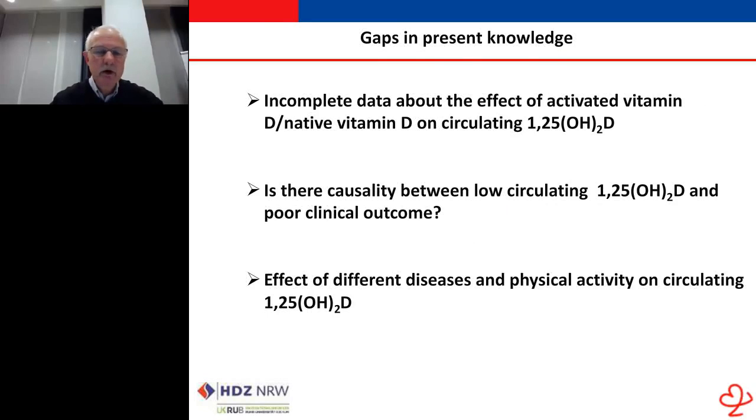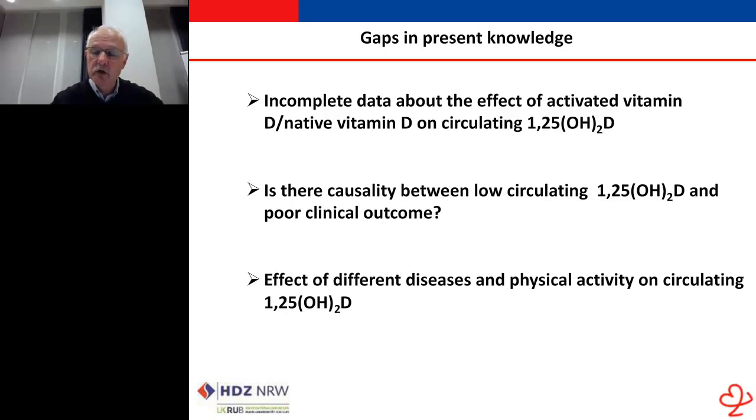Nevertheless, there are several gaps in present knowledge about the circulating 125 dihydroxyvitamin D level. As I mentioned before, only a few randomized controlled trials have investigated the effect of activated or of native vitamin D on circulating 125 OHD levels. And it's also unclear whether there is causality between low circulating 125 dihydroxyvitamin D and poor clinical outcome.